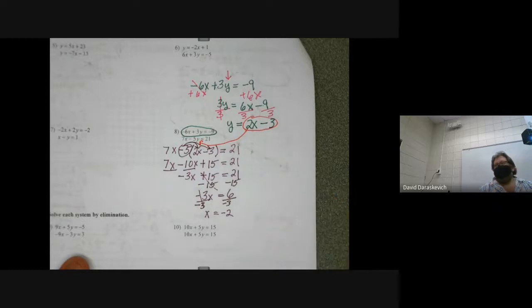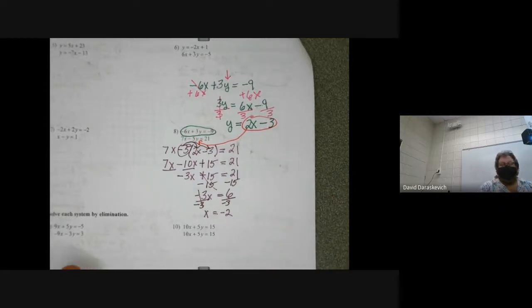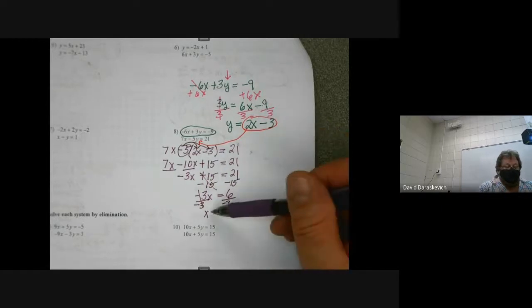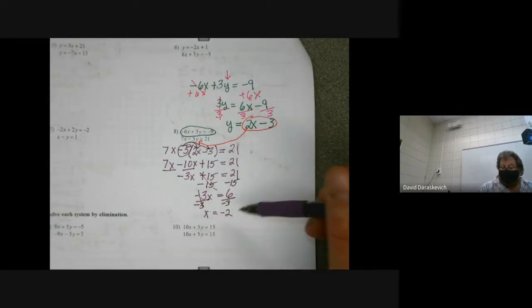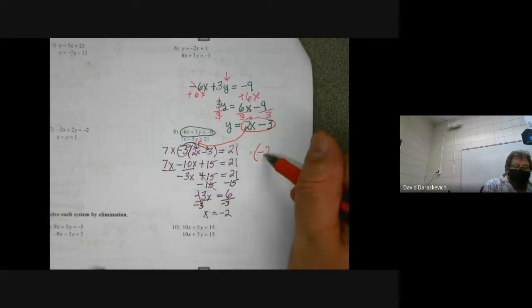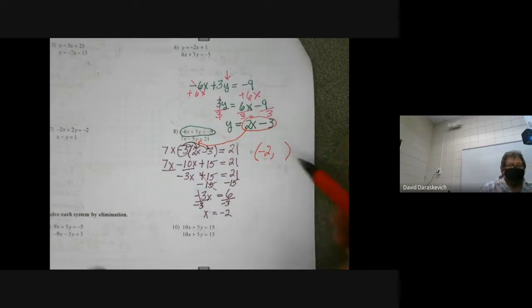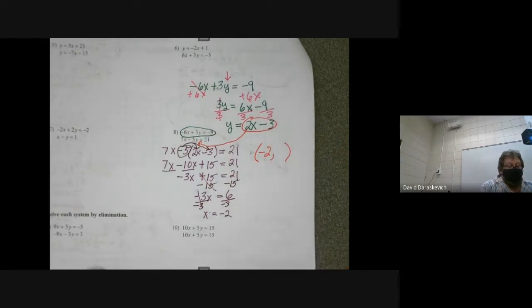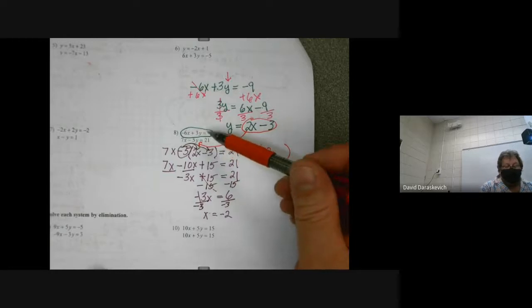Now, you're not done. All right? Because this is a scenario where I have intersecting lines, I must have an ordered pair for my answer. I know my x is negative 2. I have to find y. So I'm going to go back and pick one of these. Doesn't matter which one.